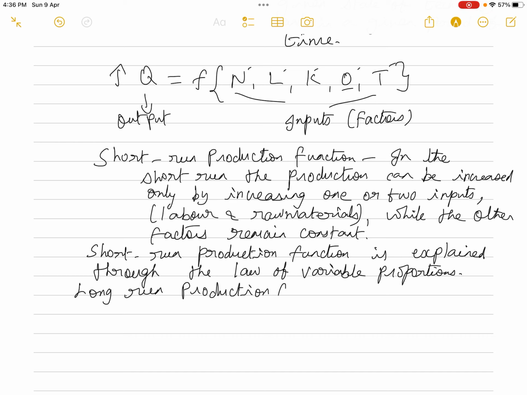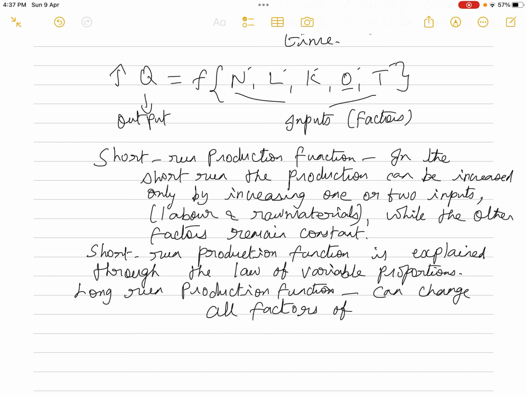Okay, but in the long run, the long run production function is where the producer can change all factors of production, isn't it?